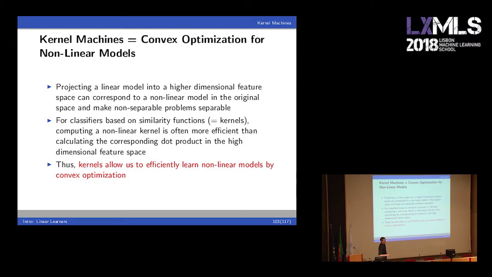The origin of these ideas dates to the times when support vector machines were the state of the art in machine learning. Support vector machines can be formalized as algorithms based on dot products of feature representations, and kernels are similarity functions.